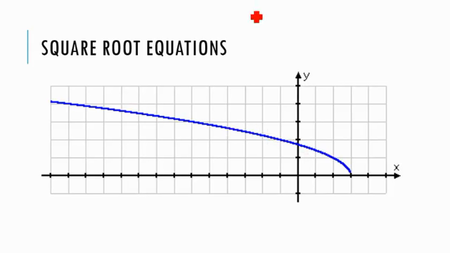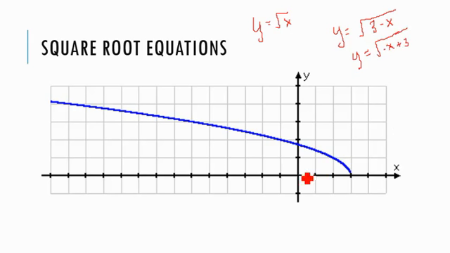So the parent function is y equals square root of x, and we're looking at here the graph of y equals the square root of 3 minus x. If we rewrite that, we have y equals the square root of negative x plus 3.